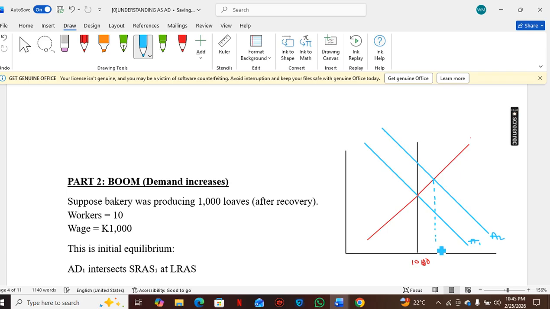We produce more loaves of bread. So as aggregate demand, let's say it increases from 1,000 loaves to 1,200 loaves, you might even now outsource more workers. Though at full employment, there are very few workers out there, because remember, unemployment rate is 4 to 6%.